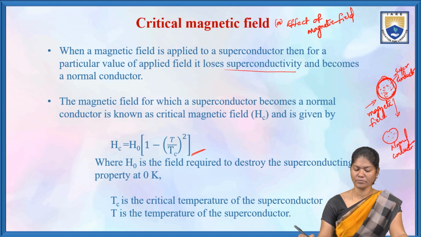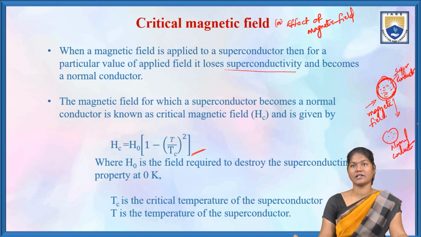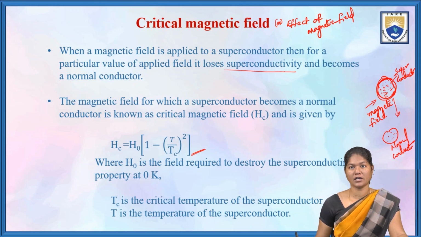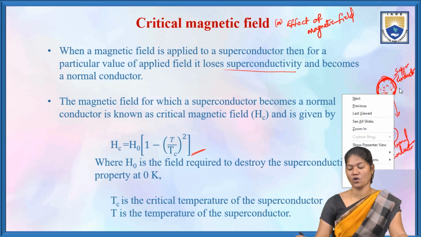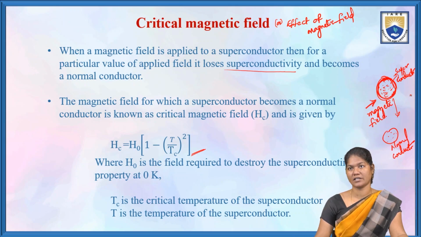When we apply a magnetic field to a superconductor, at a particular value this superconductor transits to a normal conductor. That particular magnetic field is called Hc.